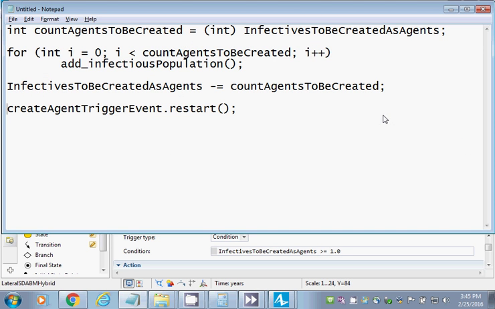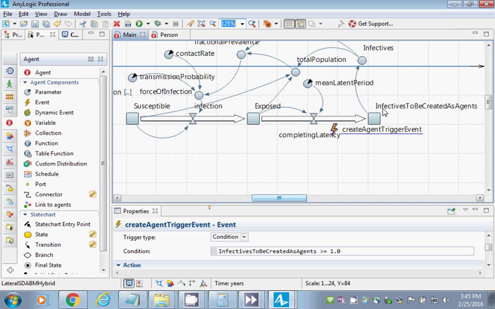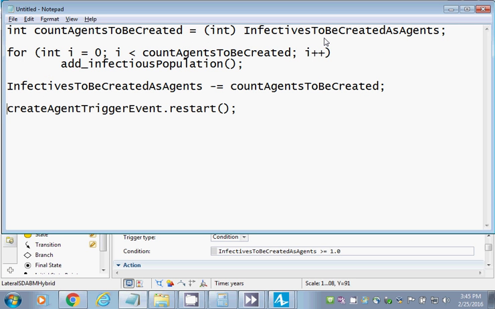So now there's 0.4 agents to be created at some later point once it gets above 1. And then we reset this event so it'll fire again later once the stock again reaches 1. This stock here is just a transitionary stock when they're awaiting creation as agents.